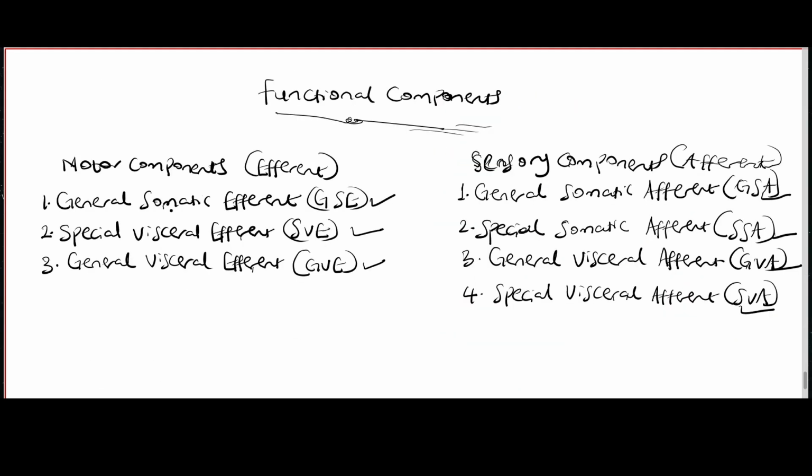In other words, the purely motor cranial nerves can have only motor components, which can be one or more than one, while the purely sensory cranial nerves will have just afferent components, again one or more than one. The mixed cranial nerve can have both motor components and sensory components.